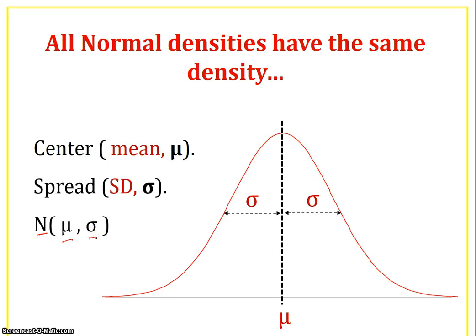So for instance, if IQ scores have a normal distribution with a mean equal to 100 and a standard deviation equal to 15, I could write that as N(100, 15), and that would be my shorthand.